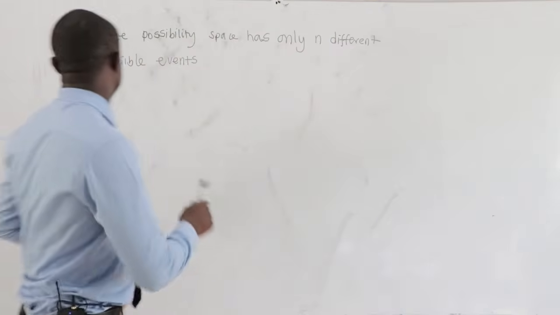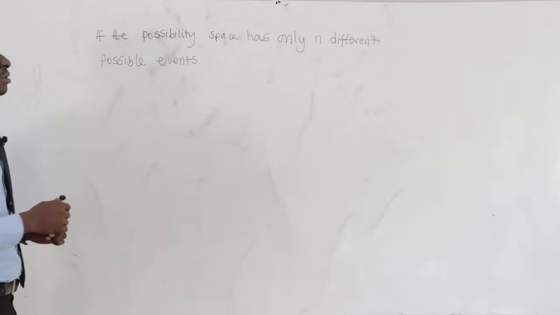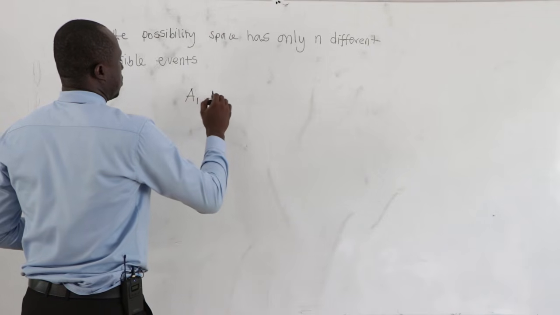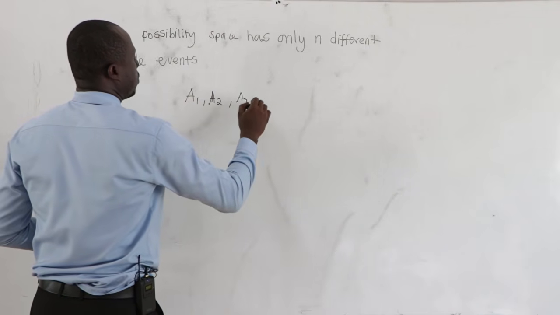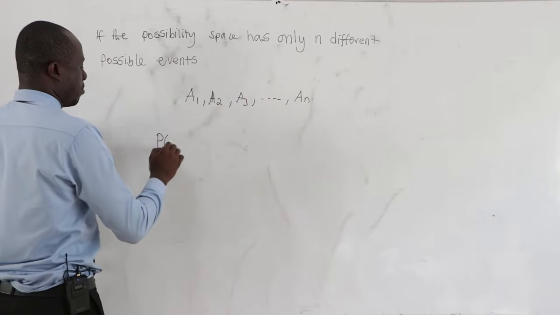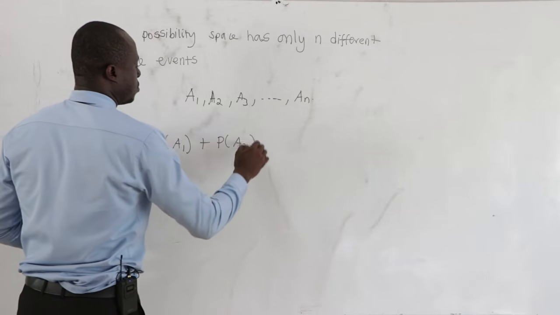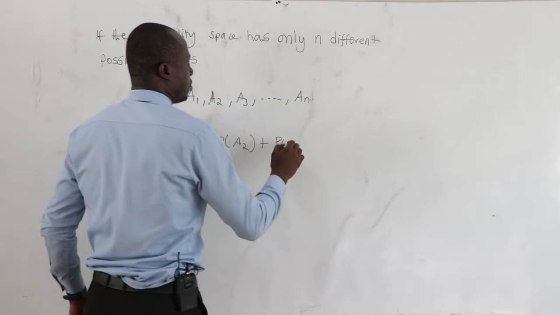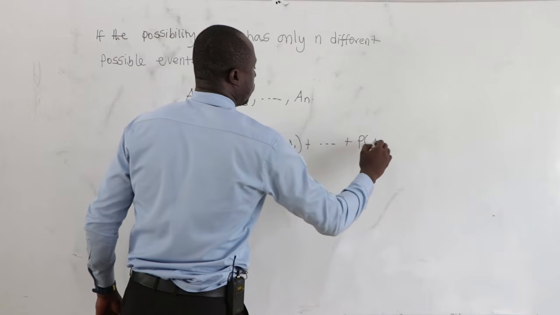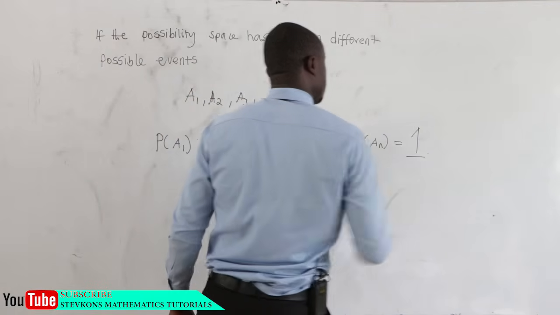Now also, if the possibility space has only n different possible events, that is, we have A1, A2, A3, all the way to AN, then the probability of A1 plus the probability of A2 plus the probability of A3, all the way to the probability of AN, is equal to 1.